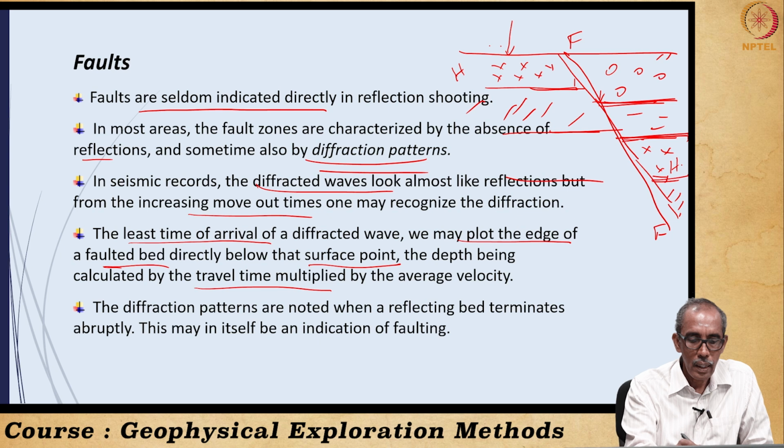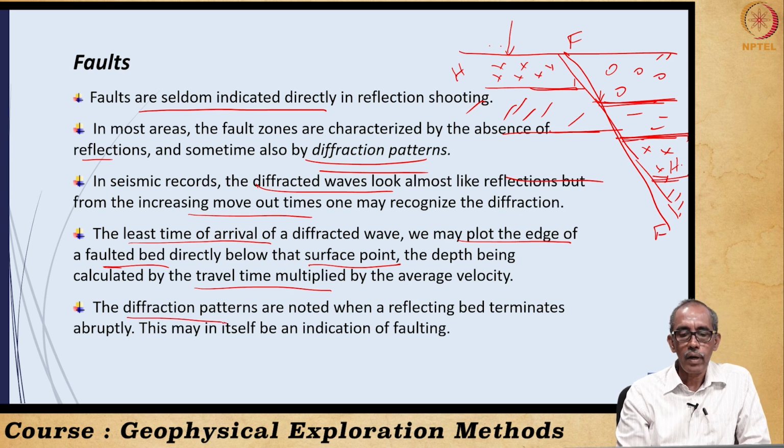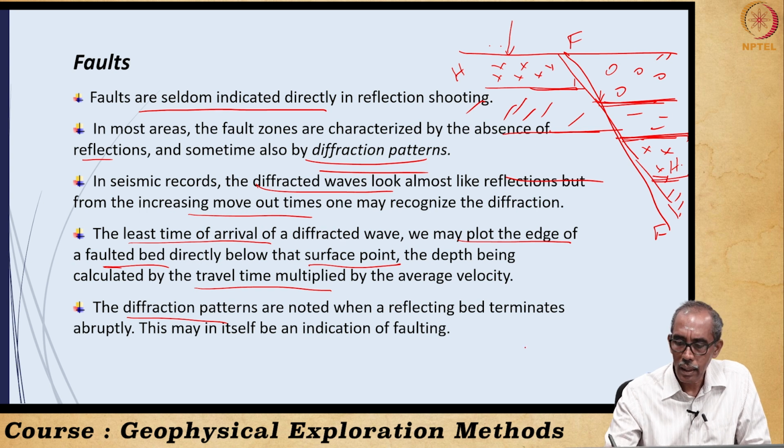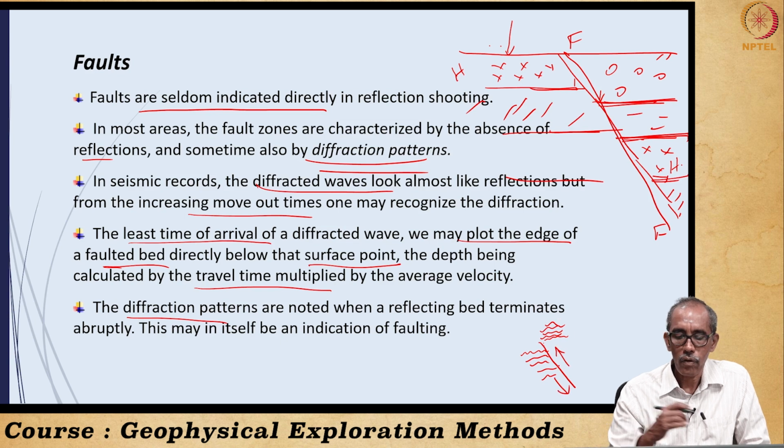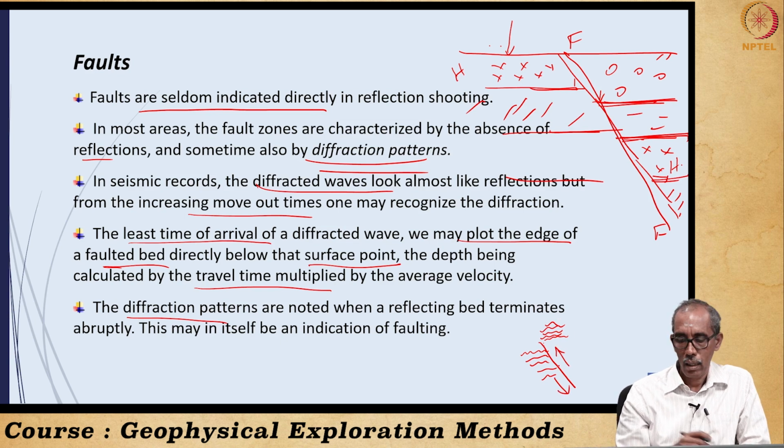So, that means whenever we note some diffraction patterns, that diffraction pattern abruptly ends. This is how in an image you see some diffraction pattern, but it gets terminated here. On the other hand, on the other side you have a diffraction pattern somewhere here. This indicates this is a fault, right.